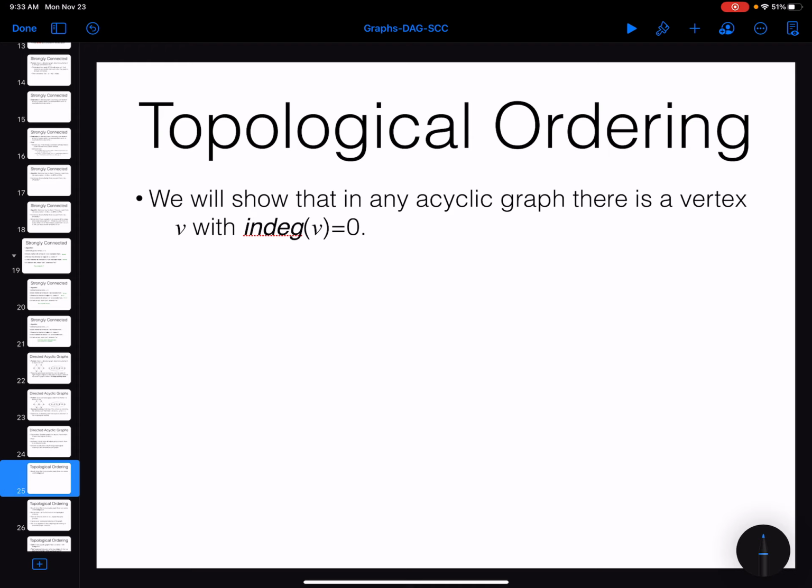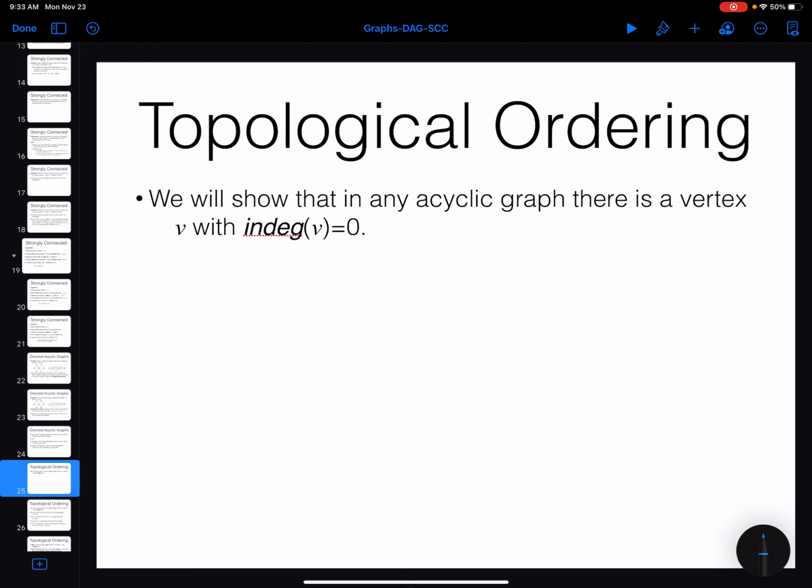Before I give you the algorithm, I'm going to show you a couple of lemmas here as well. If you have a directed graph which is acyclic, with no directed cycle in the graph, you can definitely find at least one node in the graph whose in-degree, the number of edges coming to the node, is 0.